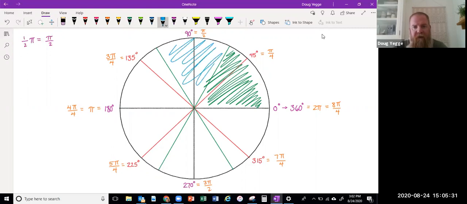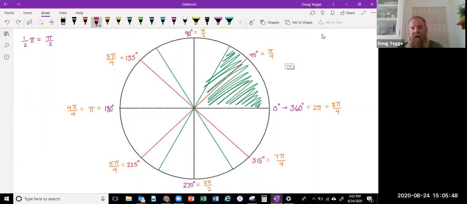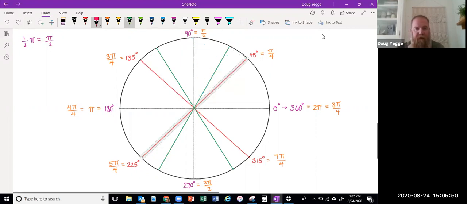This will be the exact same size, and this will be the exact same size. So if we disregard the red lines or the red angles, we can now see that we've cut 180 degrees into thirds. So 180 degrees divided by 3 is going to give me a total of 60 degrees.